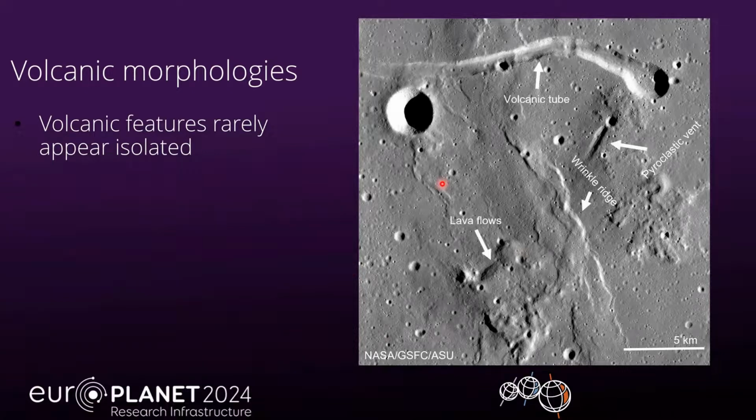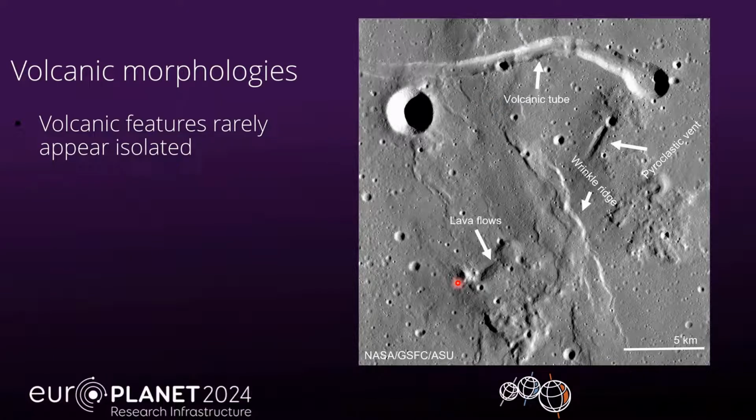Beyond the wrinkle ridges that we talked about, also pyroclastic and lava vents that you can observe, as well as here is a vent and a sinuous rill with potentially a covered lava tube that then either collapsed, or there are also cases where we have skylights into tube segments, and I'll show a picture of that in just a minute. Or there are also lava flows that can be seen.